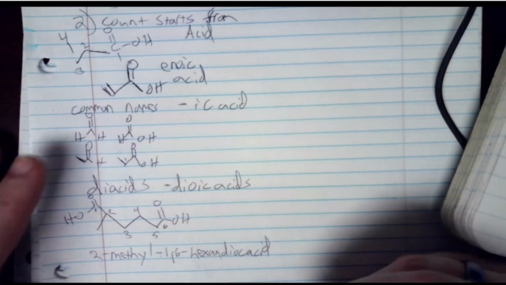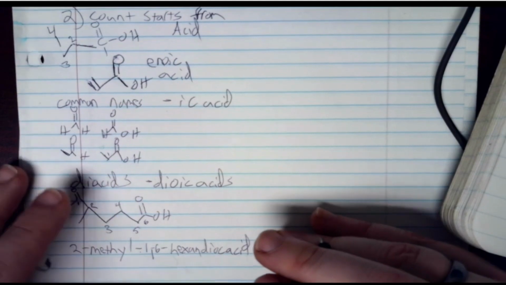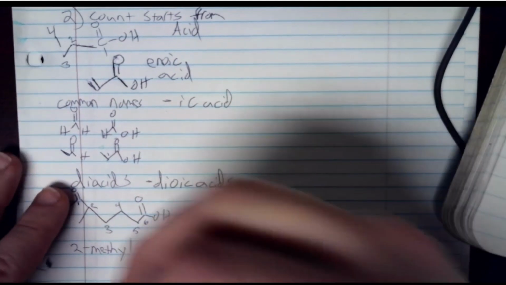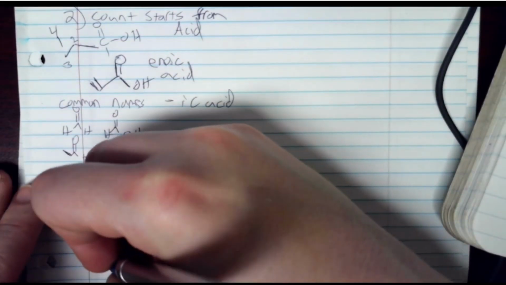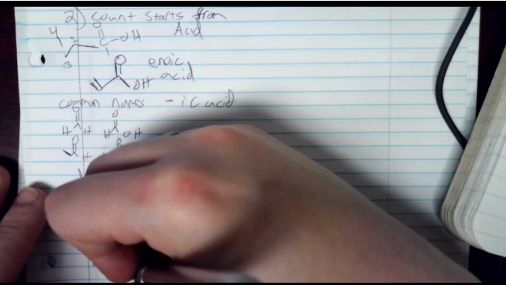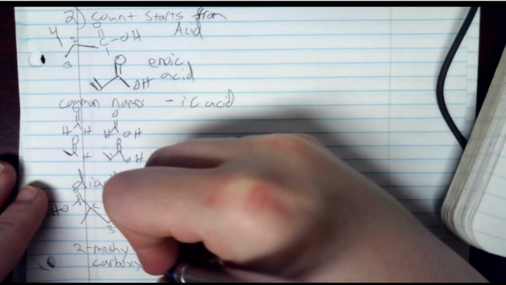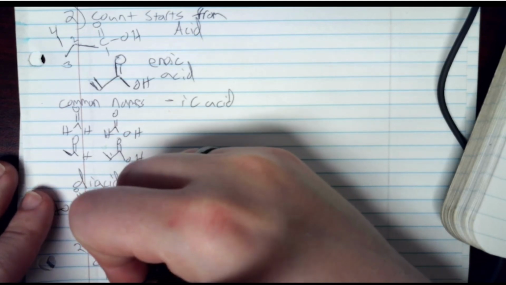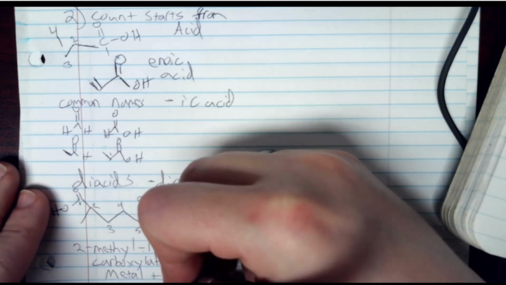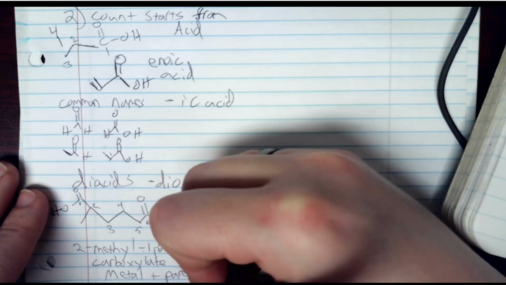The other thing we might have to worry about is carboxylates. If we deprotonate an acid, we would have a carboxylate, just like acetate. How would we name a carboxylate? A carboxylate gets named the metal, then whatever the parent compound is, and then ate.